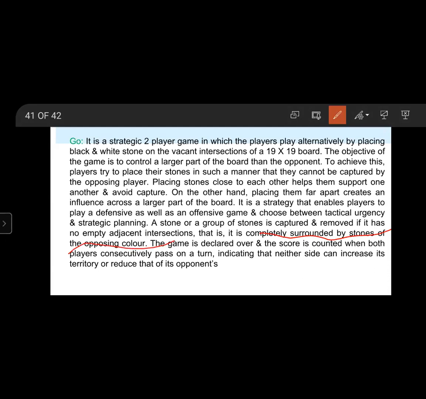Here, the game is declared over and the score is counted when both players consecutively pass on a turn, indicating that neither side can increase its territory or reduce that of its opponent. This is the Go game.